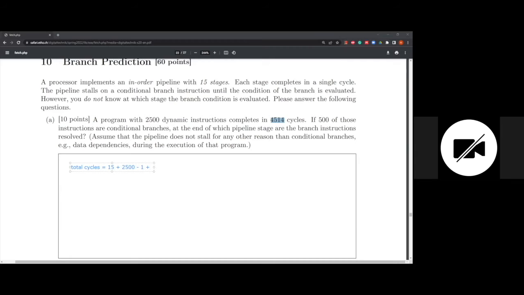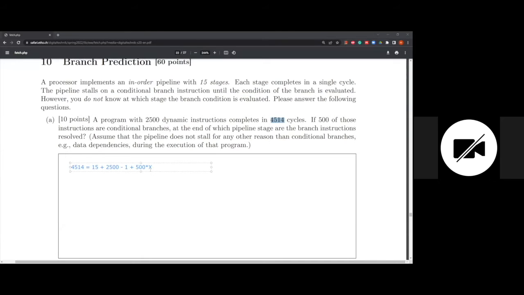Plus, we need to account for the bubbles introduced by waiting for the branch conditions to be resolved. We have 500 conditional branches, and we don't know exactly how many bubbles they will introduce. For now, assume every branch instruction introduces X bubbles, and we have 500 of these instructions. We replace the total cycles with the given program execution time, which is 4,514 cycles.